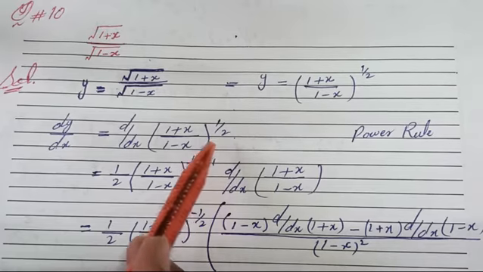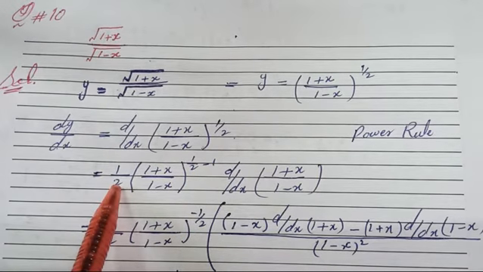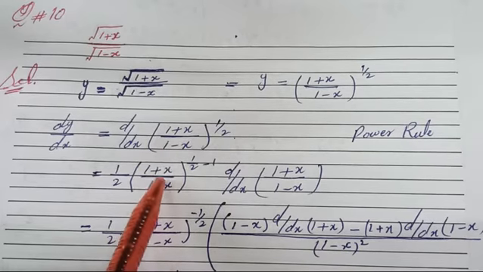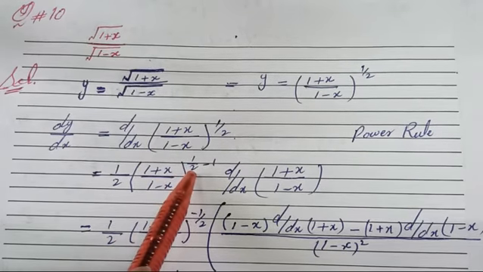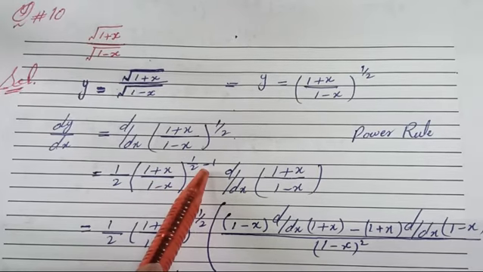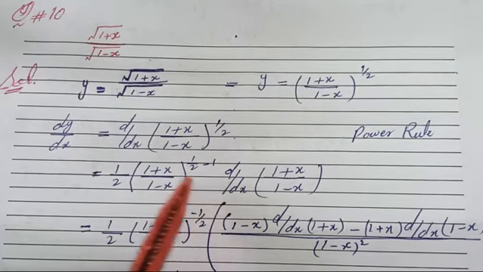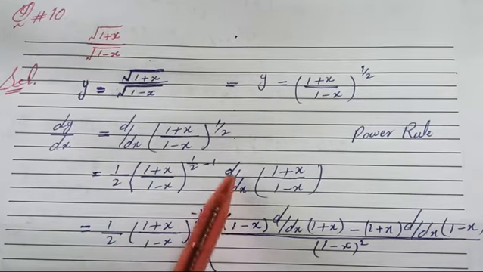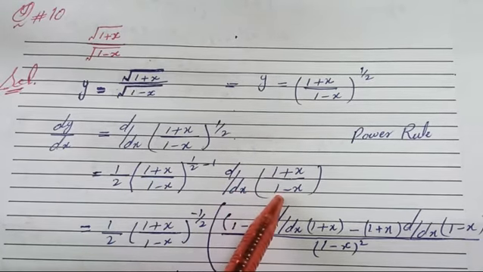So first of all, write 1 by 2 in the start, and after that the same given expression with its power decreased by 1: (1 plus x over 1 minus x) to the power 1 by 2 minus 1, and the derivative of this base, d over dx of (1 plus x over 1 minus x).